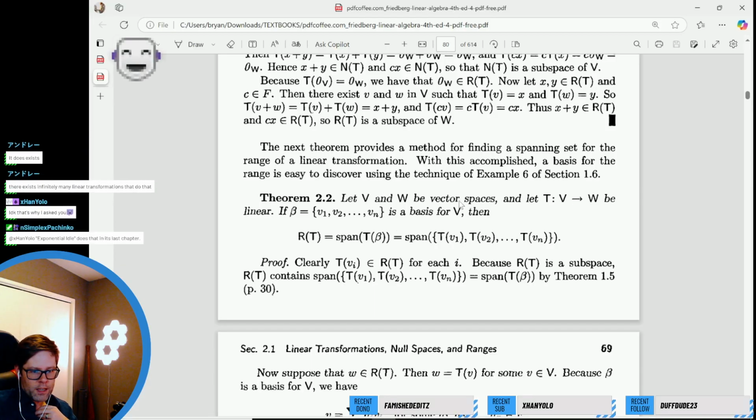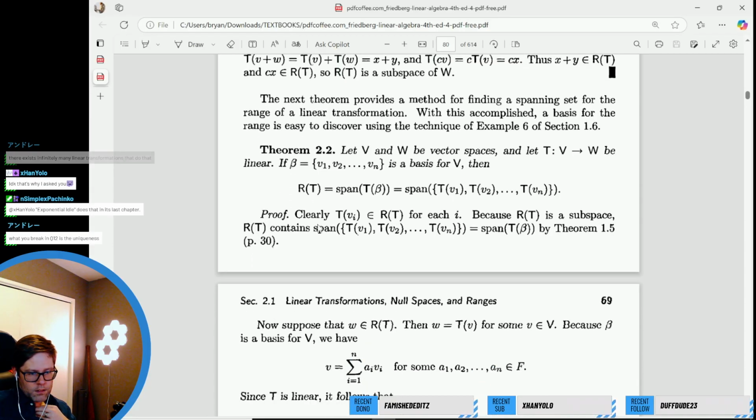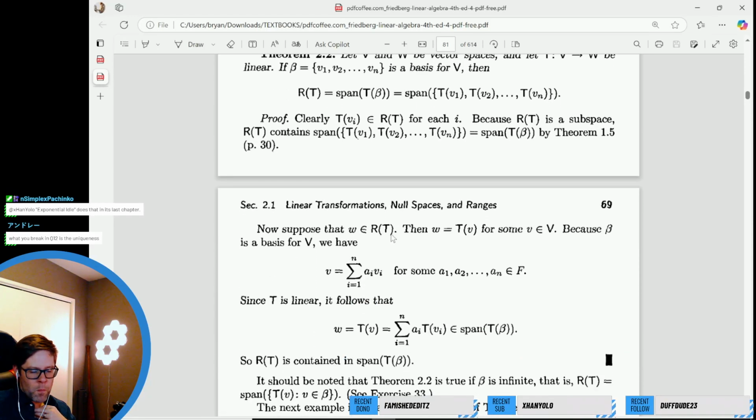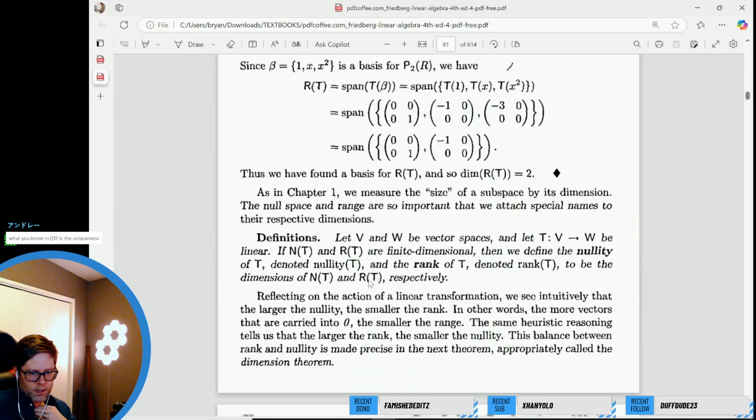Yeah, so here we go. So V, so T is linear. If I have a basis for the first space, then I know that that basis is going to be a basis for the span of wherever those basis vectors get sent to, right? That's the range, a basis for the range. So that's true. Do they give any indication here?